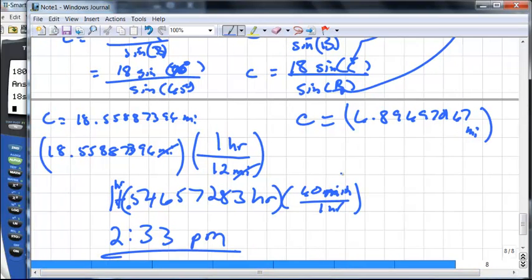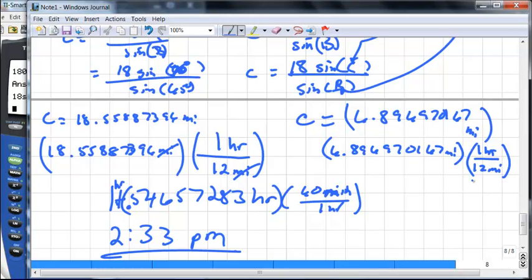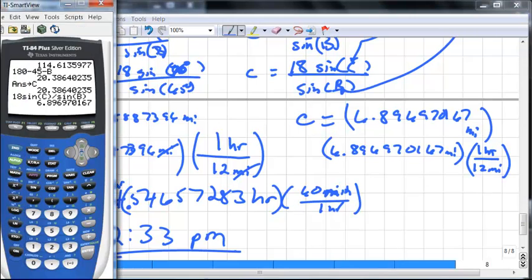And just like the last time, we're going to take that 6.89697067 miles and multiply by 1 hour for every 12 miles, so in other words, we're going to divide by 12.